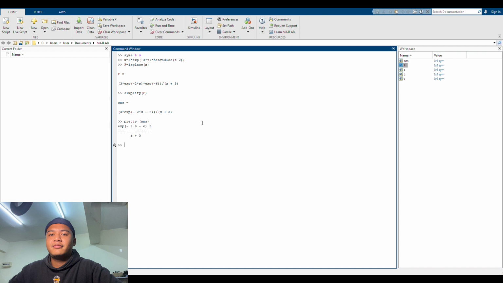So the final answer is exponent negative 2 s minus 6 times 3 over s plus 3. That's all.